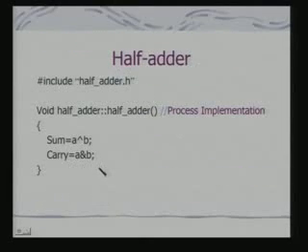And if you look at this half adder, the method is basically defining the logical function for sum and carry. Is this clear? So I have actually specified the hardware, and this is what I have referred to as process implementation.